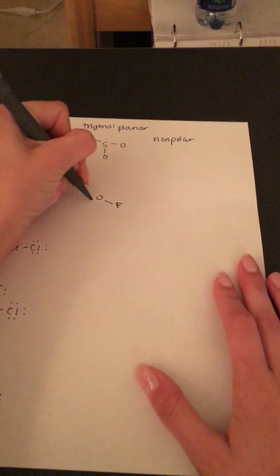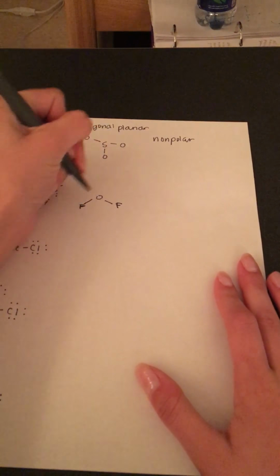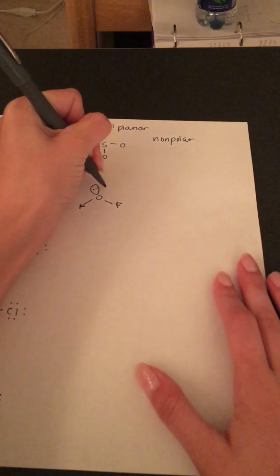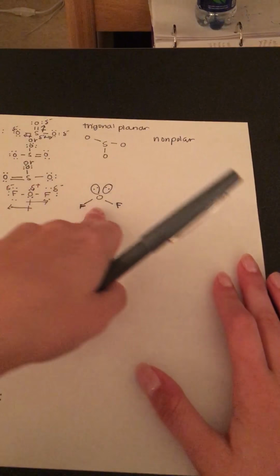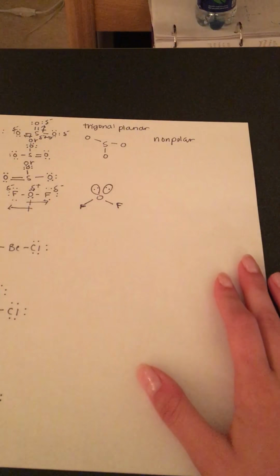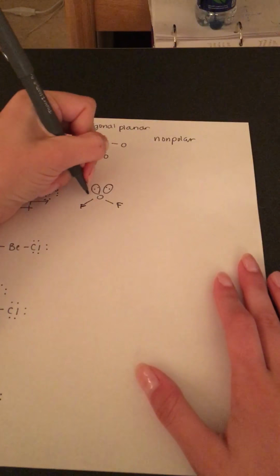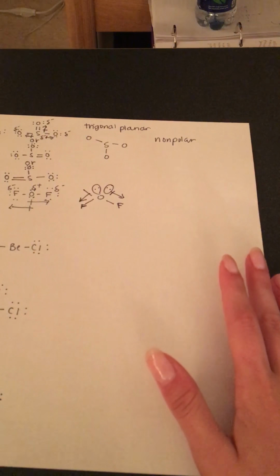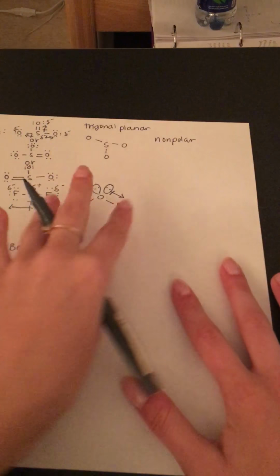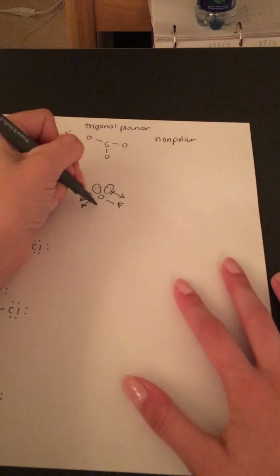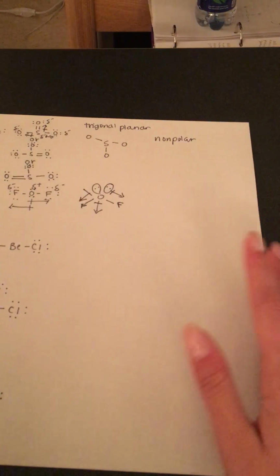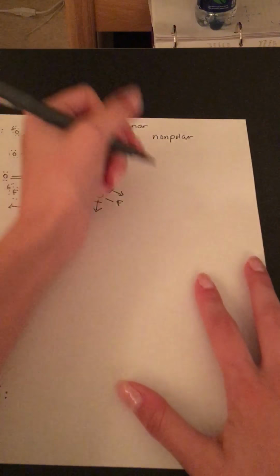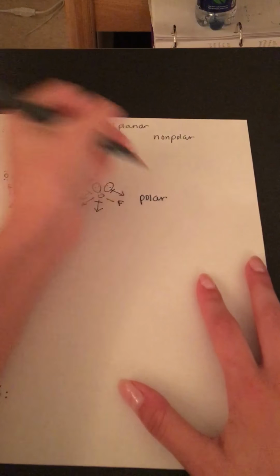It's going to look something like this with the non-bonding electrons on the central atom, which is causing it to bend. So now we draw the dipoles and we add them, and since they don't cancel each other out, that means that this molecule is polar. So OF2 is a polar molecule.